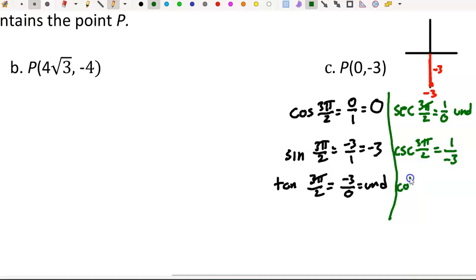And the cotangent of 3 pi over 2, we take this negative 3 over 0, reciprocal, and that just equals 0. So often if you have a 0 for one of them, when you do its counterpart, it becomes undefined, and vice versa. We got undefined for the tangent. Its cotangent was 0. Okay?